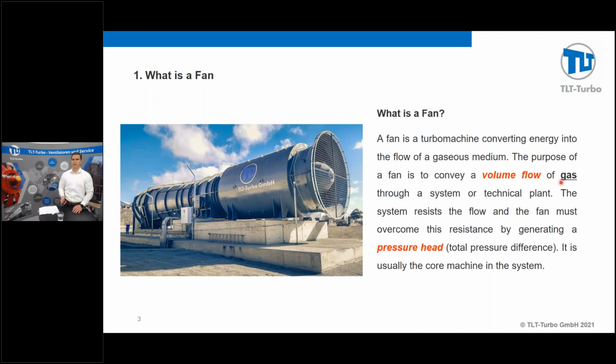First of all, our fans are operating with gas, and the two highlighted words, once again, are volume flow. The purpose of the fan is to convey a volume flow through a technical plant, and it has to overcome some pressure head, it needs to provide some pressure rise, so that the volume flow can pass through the duct system.